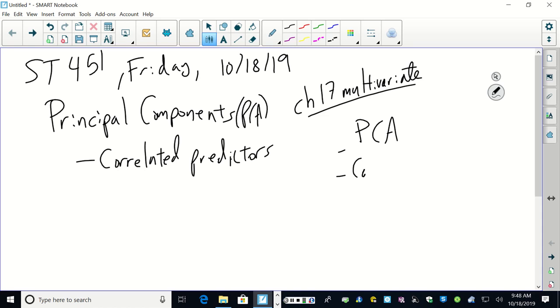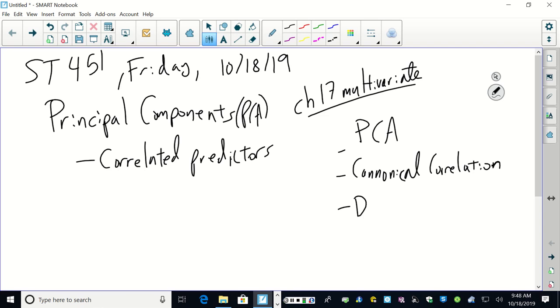There is canonical correlation. Mostly I've seen this in social sciences. We have a bunch of measurements of one factor and a bunch of measurements of another factor, and you want to know how these two things relate to one another. So you might look at the correlations between sets of variables.